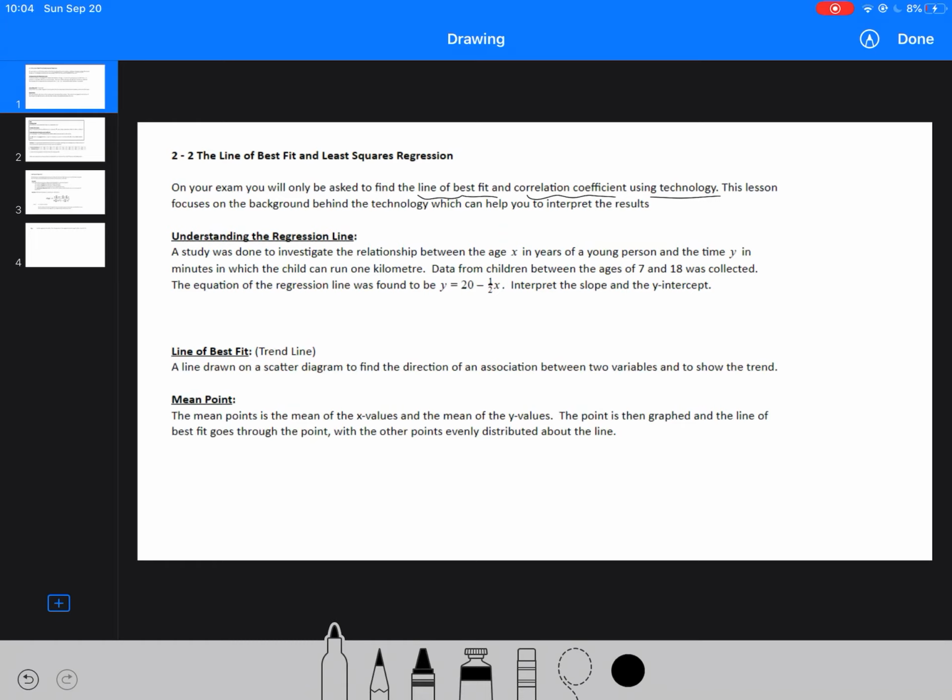So here is the y-intercept. That would be if the child was 0, they would run 1 kilometer in 20 minutes. That is meaningless.